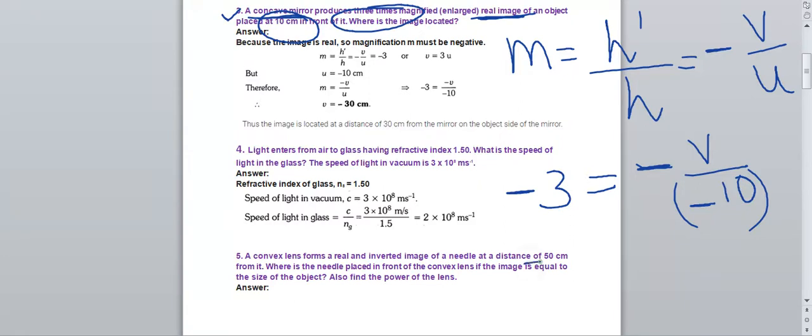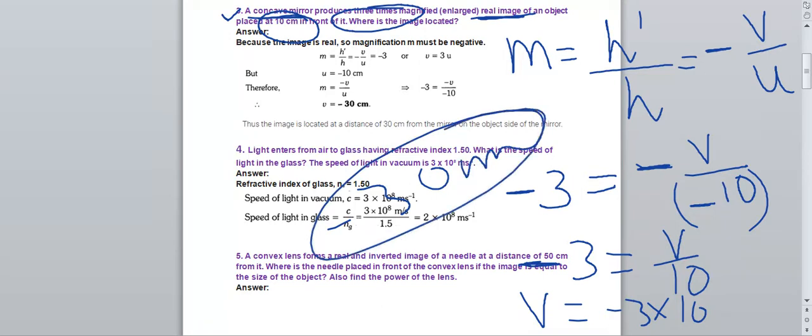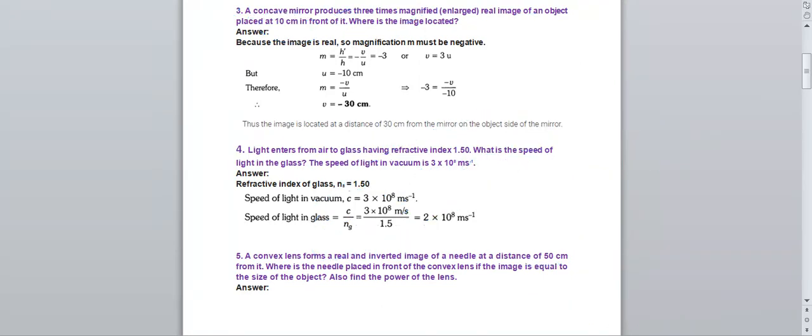So we can write minus 3 is equal to v by 10. Now v is equal to minus 3 into 10. Your answer will be minus 30 centimeter. Means the image distance is minus 30 centimeter. Thus the image is located at a distance of 30 centimeter from the mirror on the object side of the mirror. This is our answer.